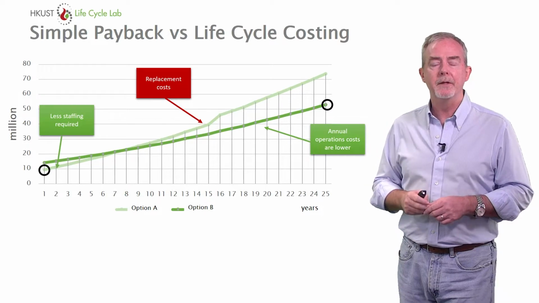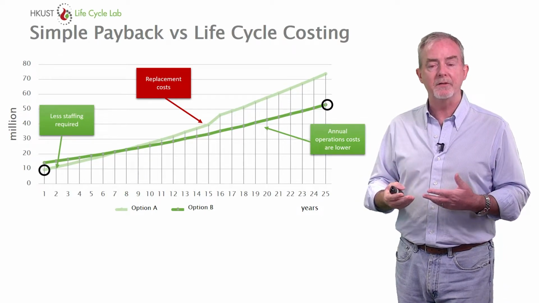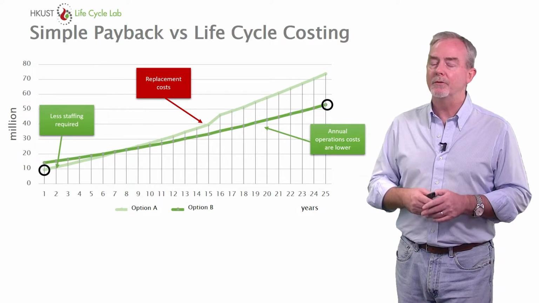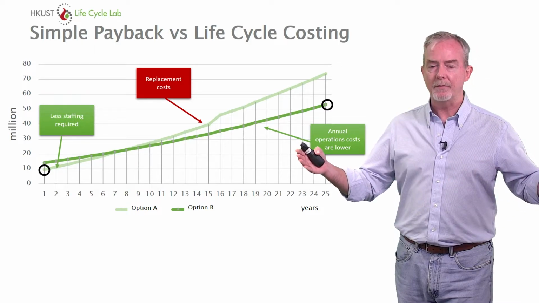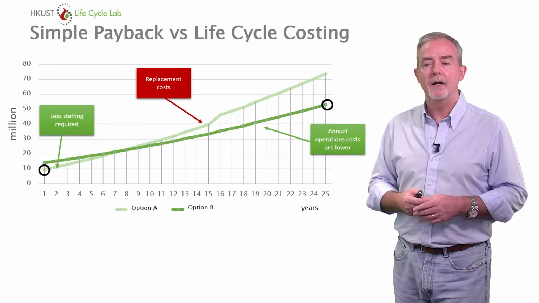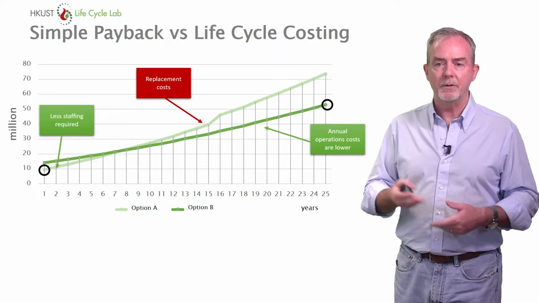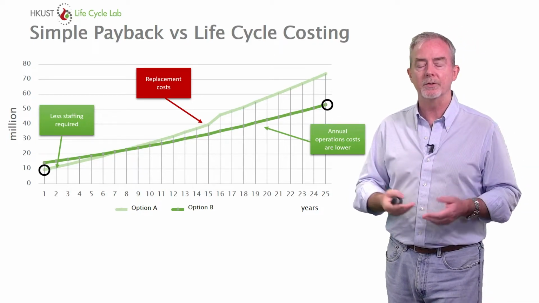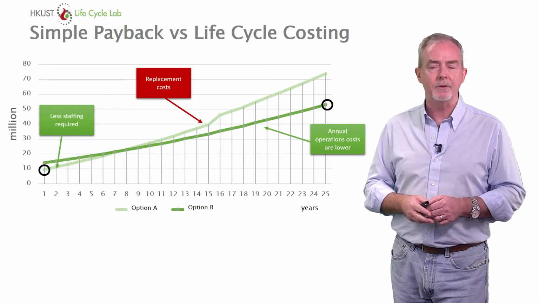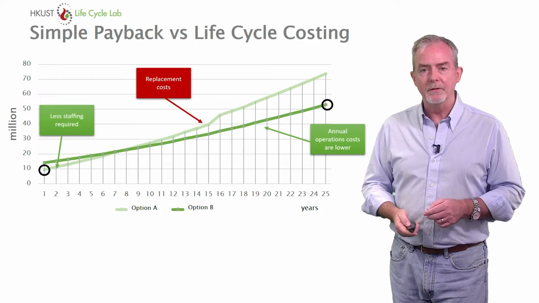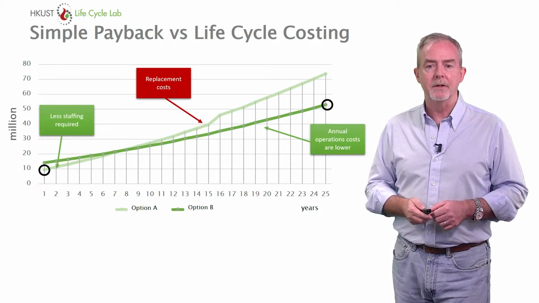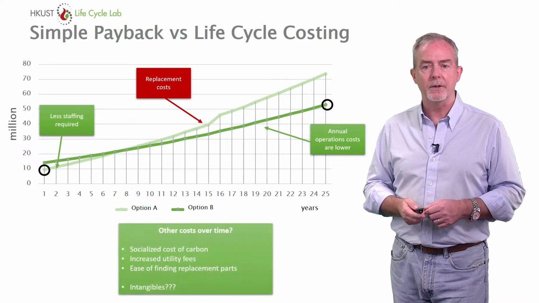The other item needs to have some kind of a replacement about halfway through. So very clearly, an item that will last 25 years is significantly more beneficial than something that would need additional revenue or additional attention about halfway through its lifespan. So with all of these things combined, you can see that option B is definitely the better way to go.